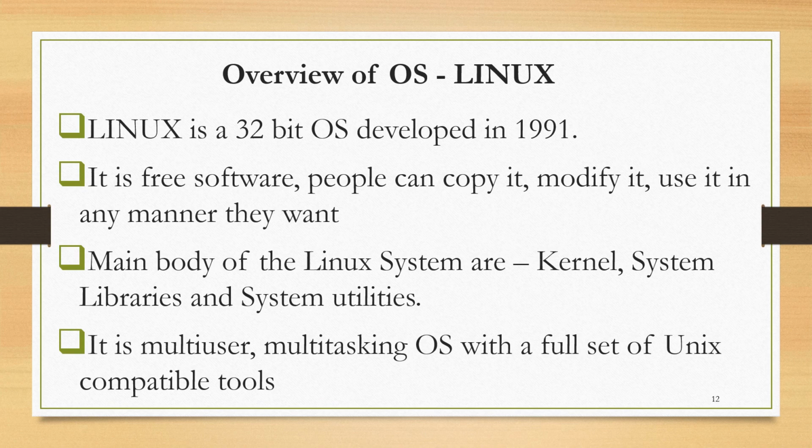The main parts of Linux systems are the kernel, system libraries and system utilities. It is a multi-user multitasking OS with the full set of UNIX compatible tools. UNIX is another operating system. All the compatible tools of Unix are available in Linux.